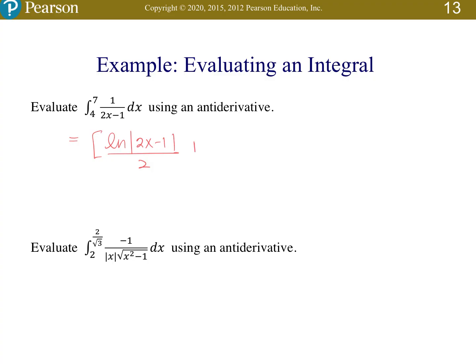Add c, and then evaluate that on the bounds from 4 to 7. So that's going to give me the natural log of 13 over 2 minus the natural log of 7 over 2.